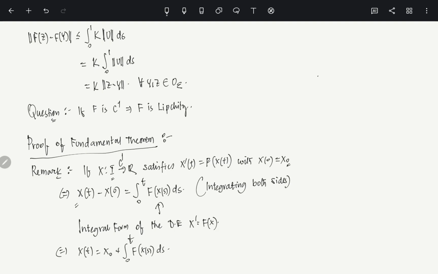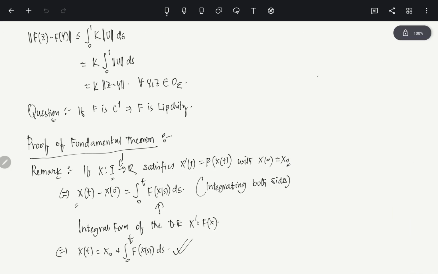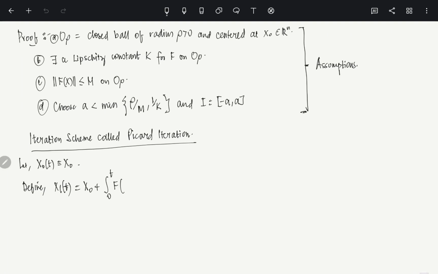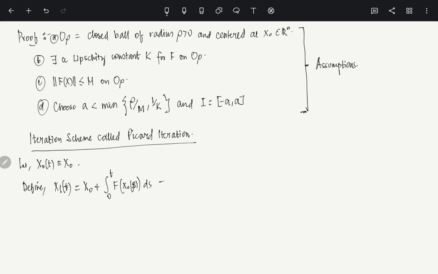So these are all equivalent. So I want my iterate to converge here. I will define it accordingly, using x naught plus the integral from 0 to t of f of x, right? So I will use the previous x here, which is x naught of s, ds. Clear?